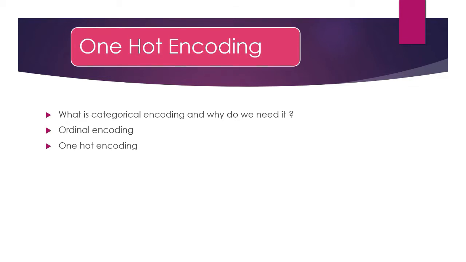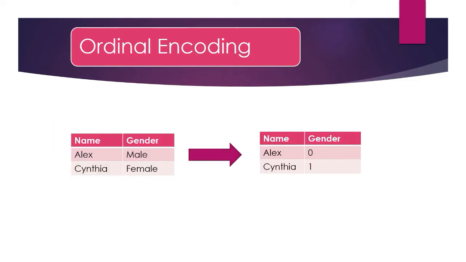That is why we need to encode our categorical data or categories into some kind of number, and that is what we call encoding. Since we are encoding our categorical data to numerical data, we call it categorical encoding. Now let's move to another slide.